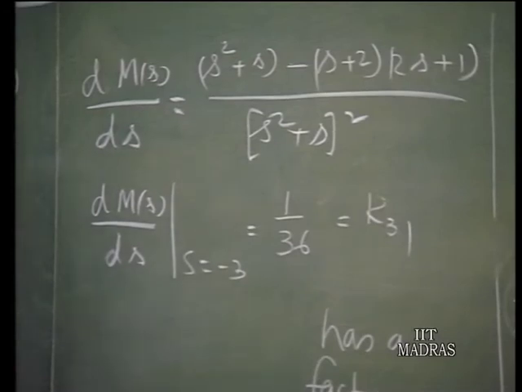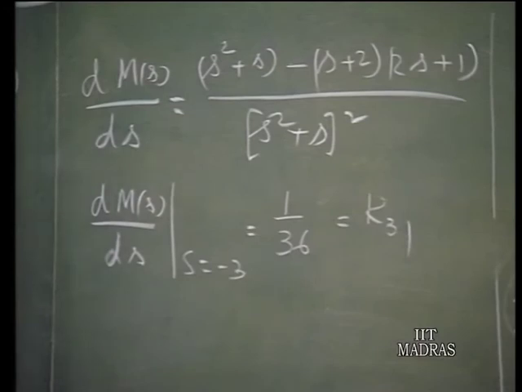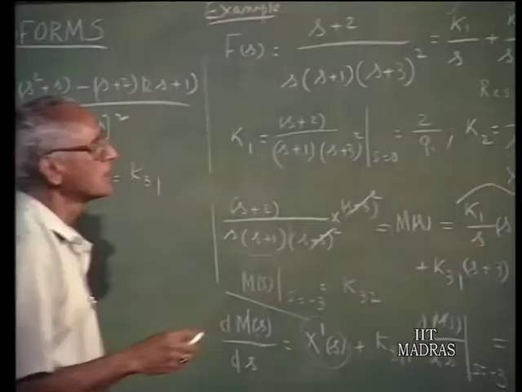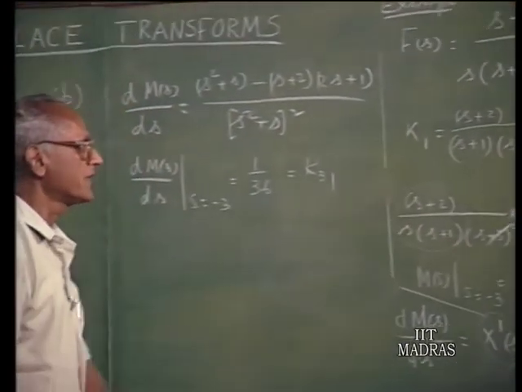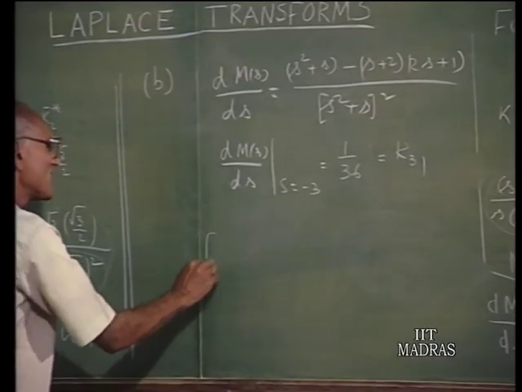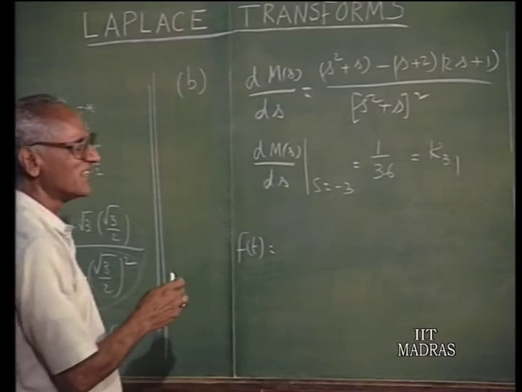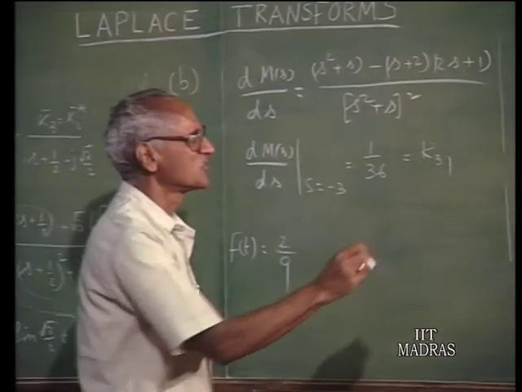So, the upshot of this is the required partial fraction expansion will be k1 over s, k2 over s plus 1, k31 over s plus 3, and k32 over s plus 3 whole squared, where all the residues are found out. Therefore, f of t will be equal to, corresponding to the first term k1, that is 2 upon 9 over s.